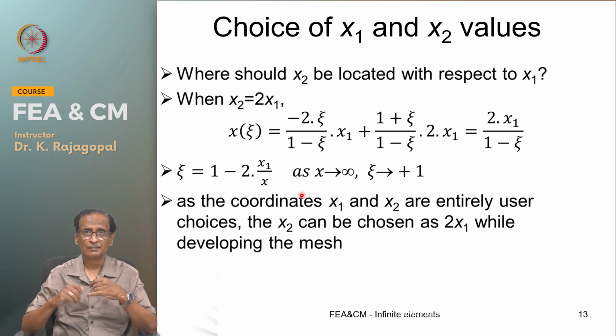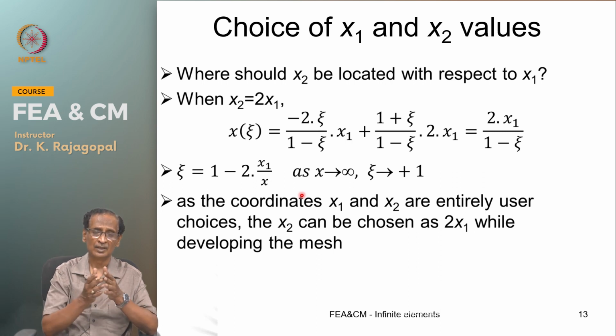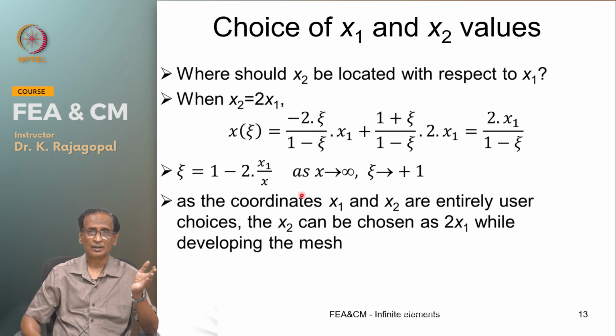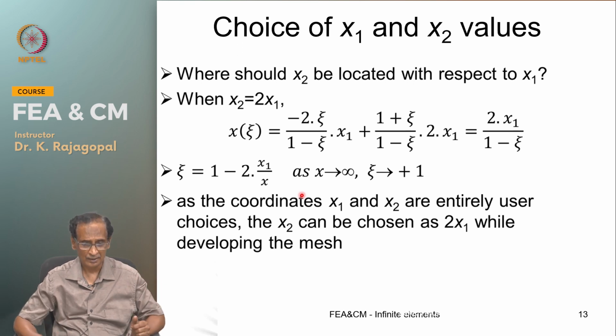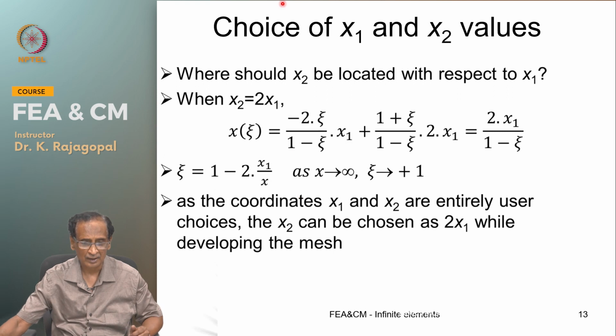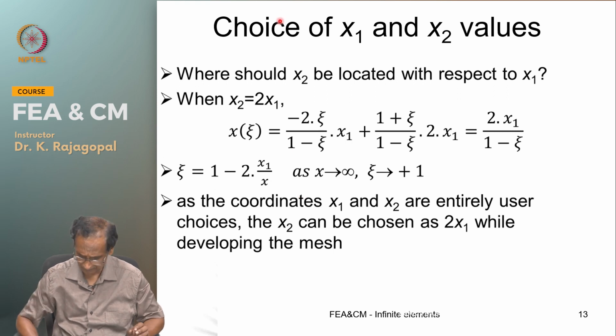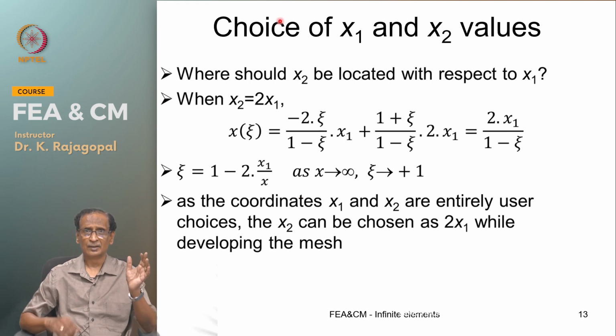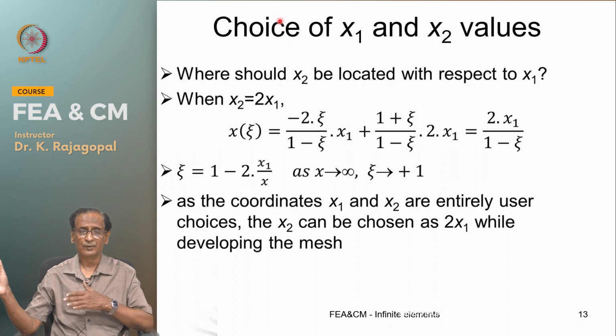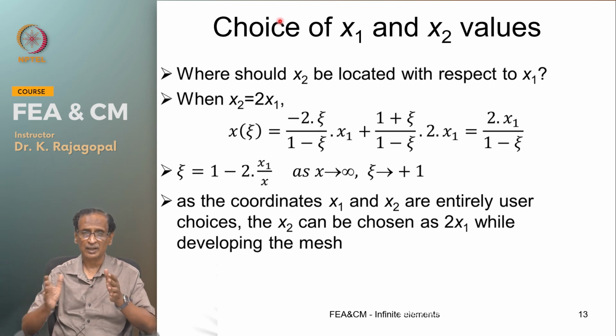That means we can get a unique mapping, and in general, once you have a unique mapping, you can get convergence also, because our sigma of ni is 1, as we are using the conventional shape functions.